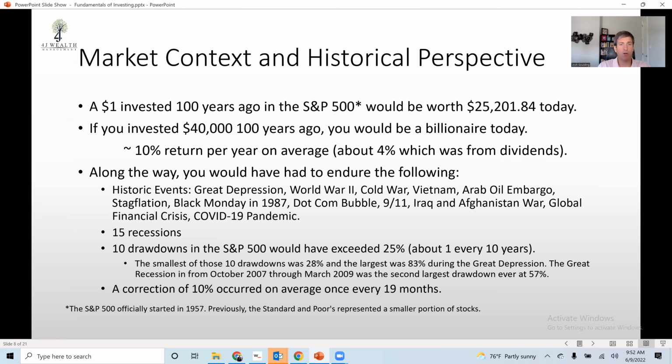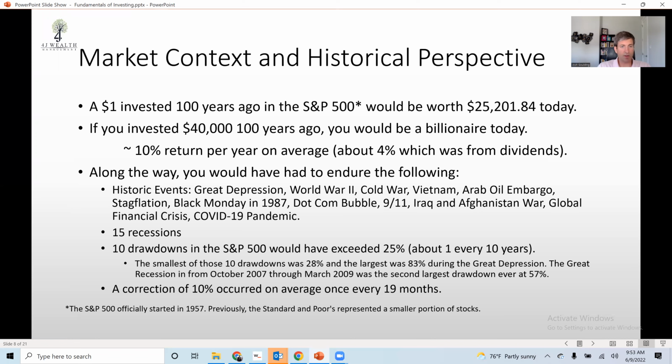So if we really zoom out and we look at $1 invested 100 years ago in the S&P 500, if you just invested it and then forgot about it, that would be worth $25,201.84 today. A massive increase, right? Put another way, if you invested $40,000 100 years ago, you would be a billionaire today.